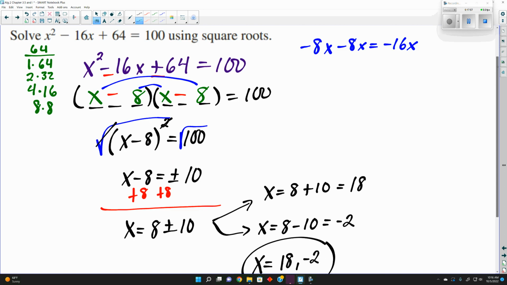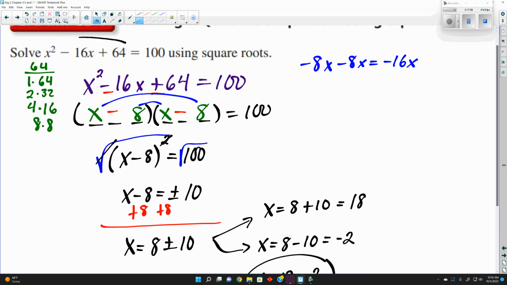Now this quadratic that we started off with here has a special name. It is a perfect, all right, let's see here. I always mix this up because we have the sum or difference of perfect cubes, or sorry, the sum or difference of perfect cubes we haven't even covered yet. The difference of perfect squares. This here is a perfect square trinomial.